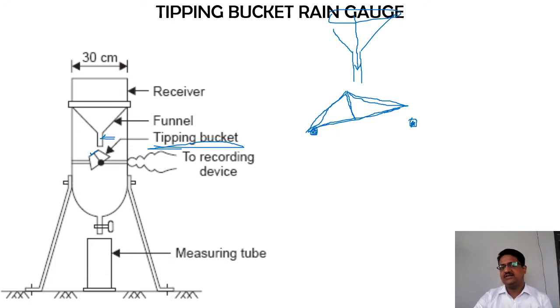What happens is that the rainfall from the receiver comes to the funnel and enters over here, and this part or section gets filled up first. Once this section is filled, the weight on this side increases, so it tips on this side.